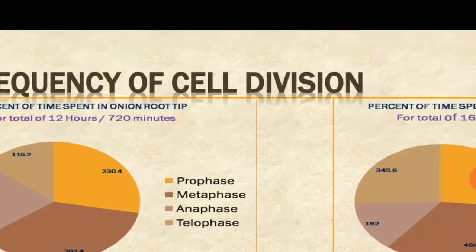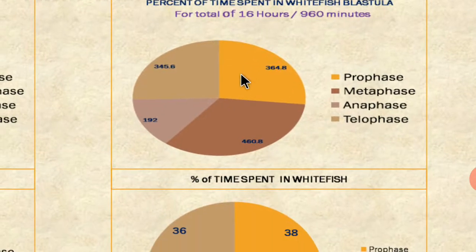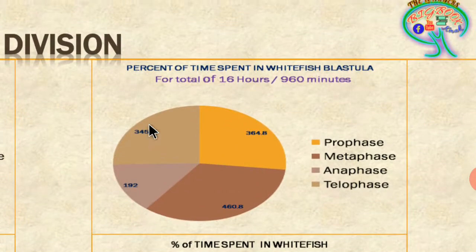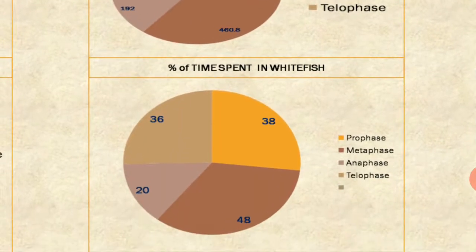In the same manner for the estimate of time spent in whitefish, you don't go with this heading, where we have made a little mistake. Here it is prophase 364.8, next is the metaphase, anaphase and telophase, and next is the percentage of time spent in whitefish: prophase 38, metaphase 48, anaphase 20, telophase 36.